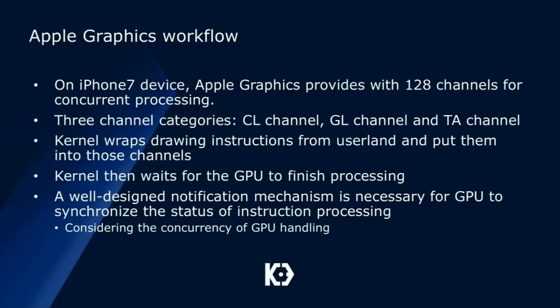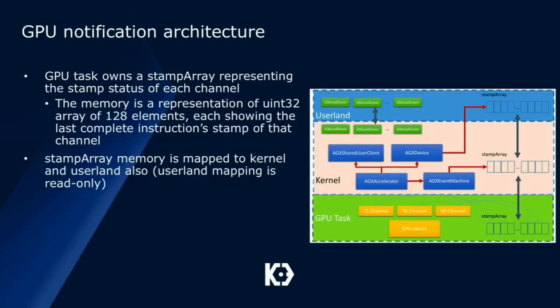The kernel wraps job instructions from userland and puts them into those channels, and then the kernel just waits for the GPU to finish processing. Because of that, a well-designed notification mechanism is very necessary, because it needs to support such high demand for concurrent processing. Here is a brief architecture of the notification.